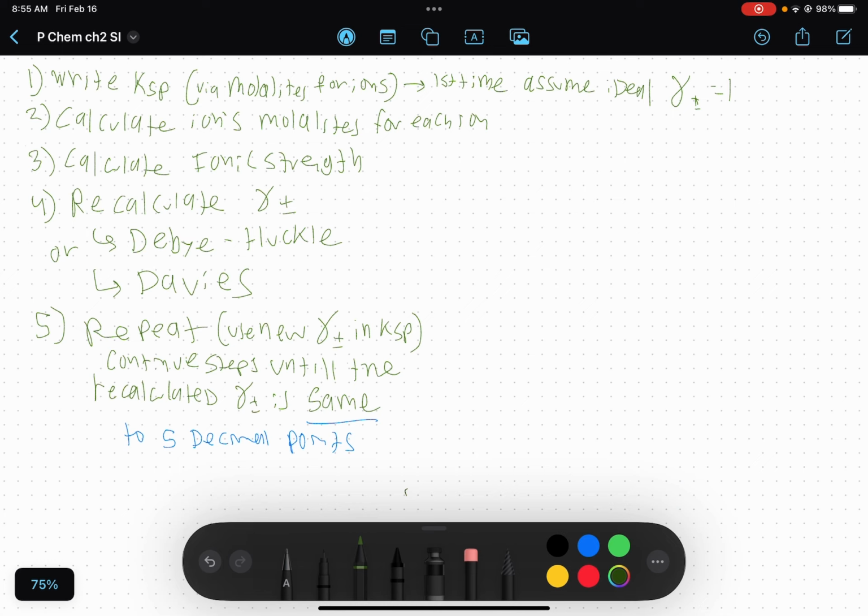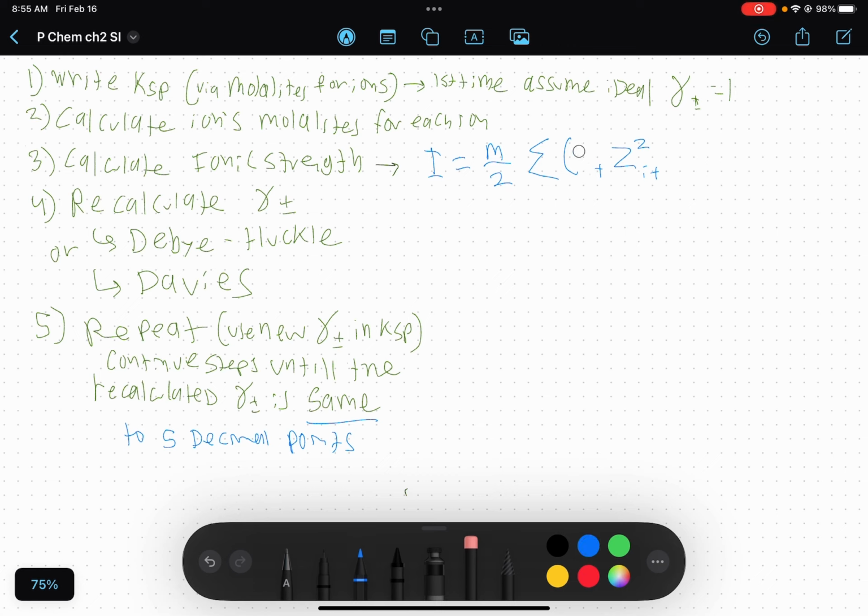Cool. I'm gonna write in some of these. So the ionic strength equation is I equals m over 2 sum of, or sigma, v for the positive and z squared for the positive. That's one version.